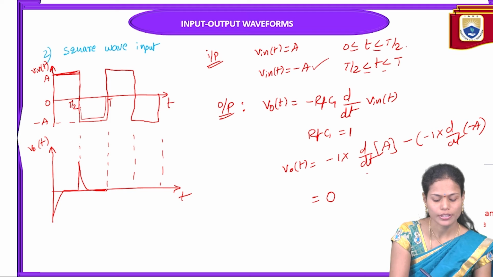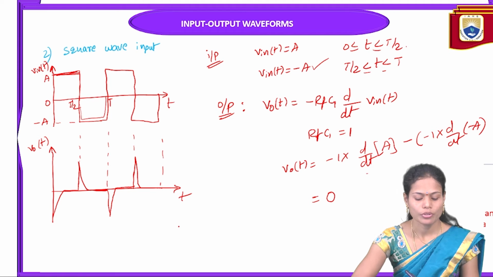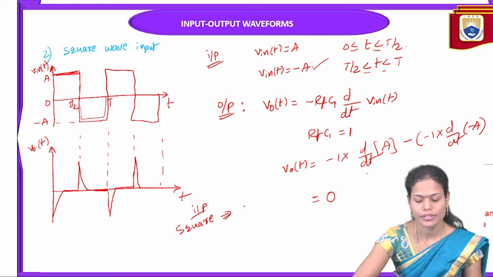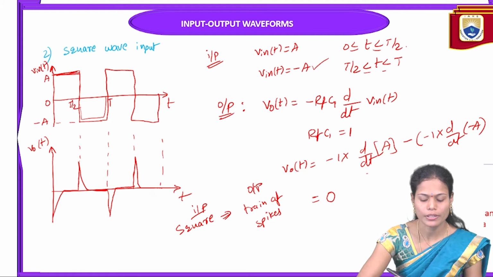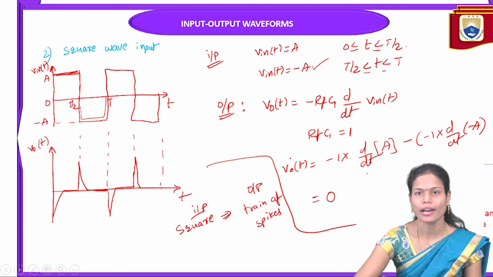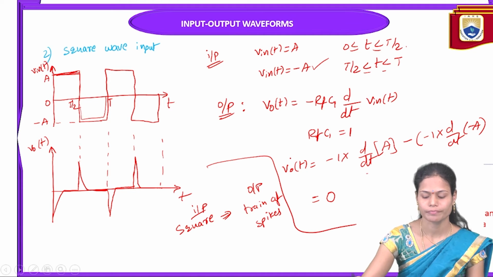This will repeat for all the cycles. So if you apply a square input to the differentiator circuit, we will get a train of spikes or impulses as the output in the ideal differentiator circuit.